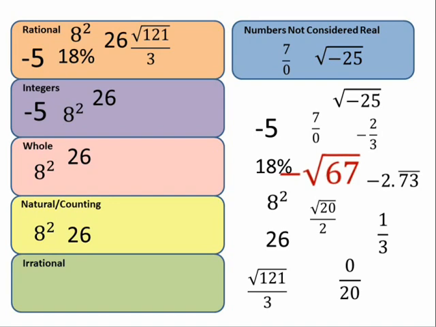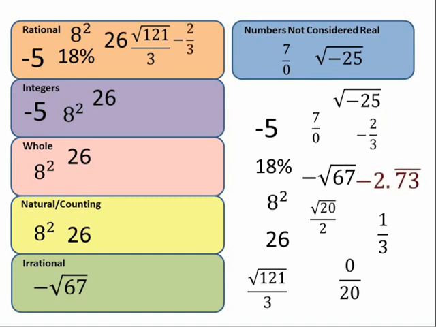Negative 1 times the square root of 67 is irrational because it cannot be expressed as the ratio of two integers. Negative 2 over 3. It is rational only. Negative 2.73 with the 0.73 repeating. It is rational only. The square root of 20 over 2.